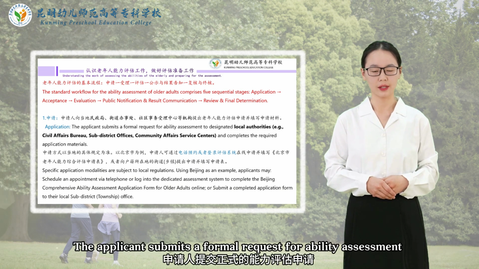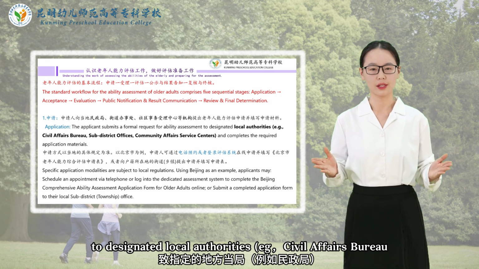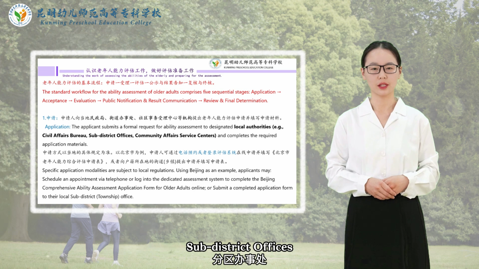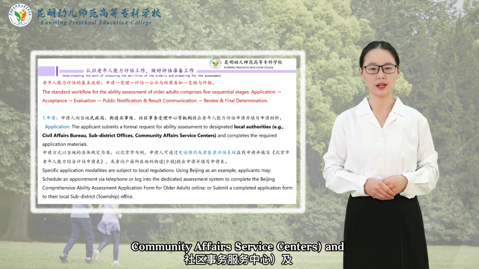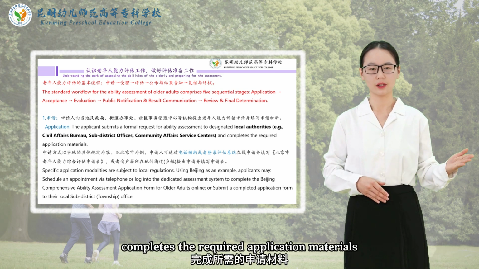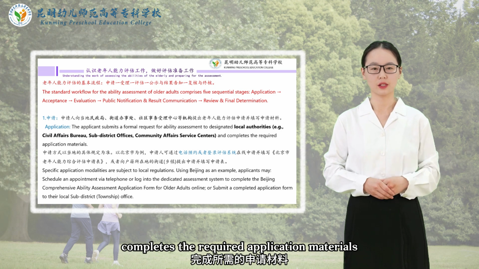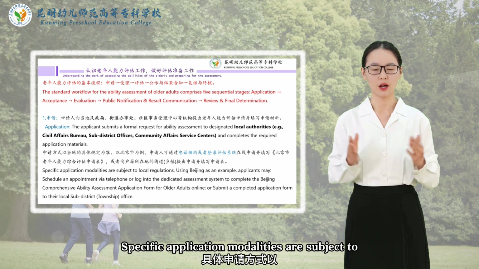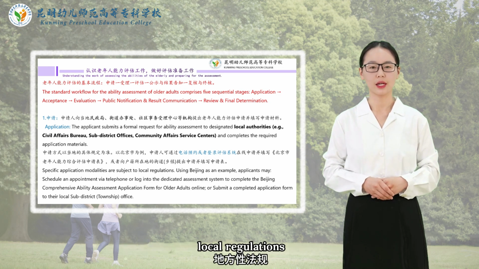Application. The applicant submits a formal request for ability assessment to designated local authorities, for example, Civil Affairs Bureau, sub-district offices, community affairs, service centers, and completes the required application materials. Specific application modalities are subject to local regulations.